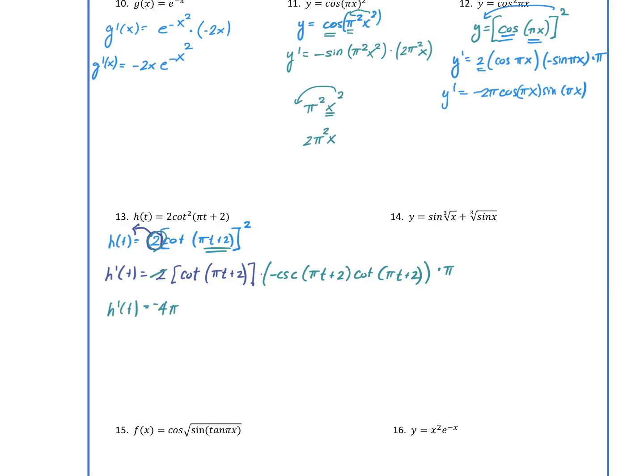So I took care of that, that, that, and then I would just rewrite the rest of it. You could do 2 of these, I guess. Cotangent squared pi t plus 2. And I have cosecant pi t plus 2.